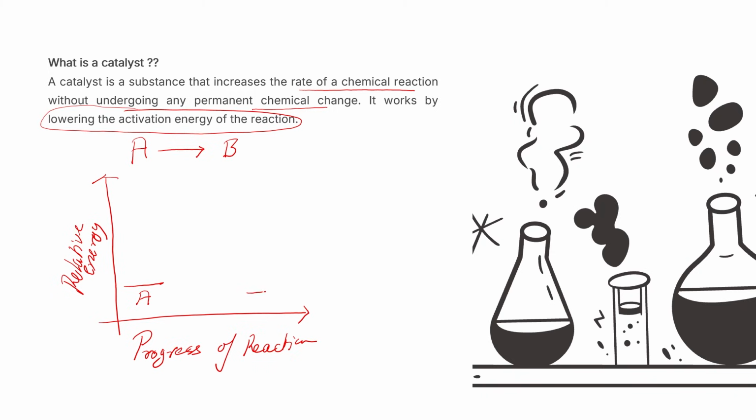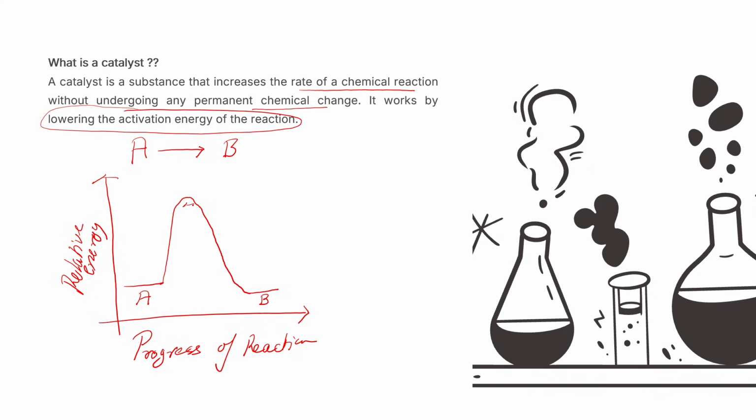Let me say you are trying to form product B having energy slightly lower than that of A, and you want to convert reactant A to product B. In that case, you need to supply certain energy to the reaction so that it can cross the barrier.